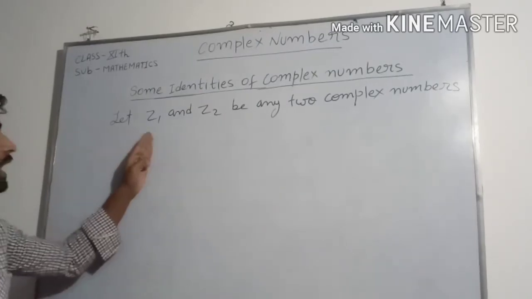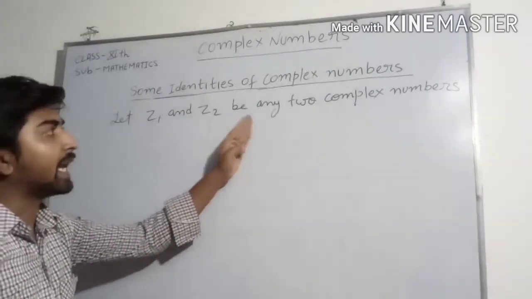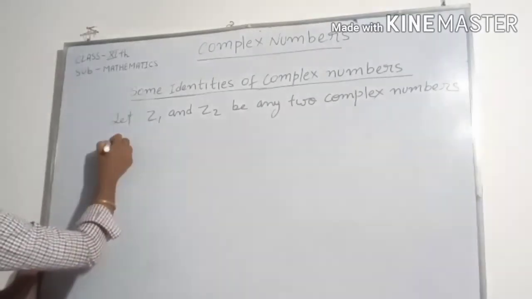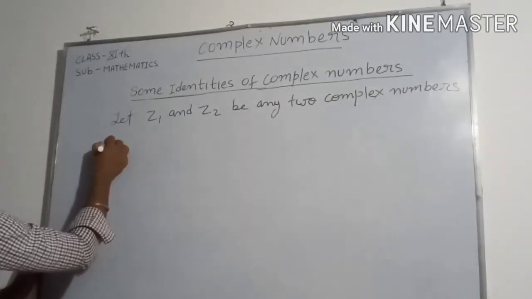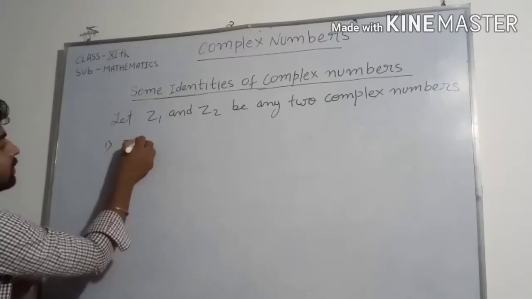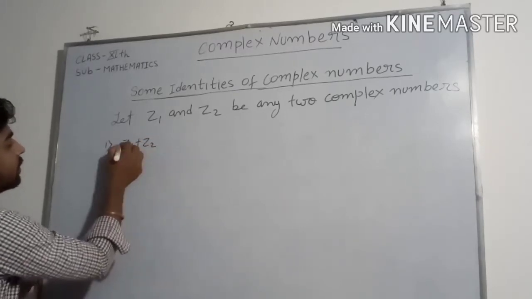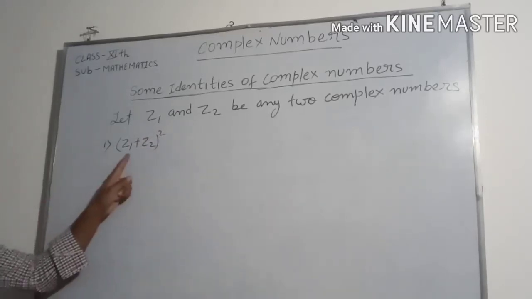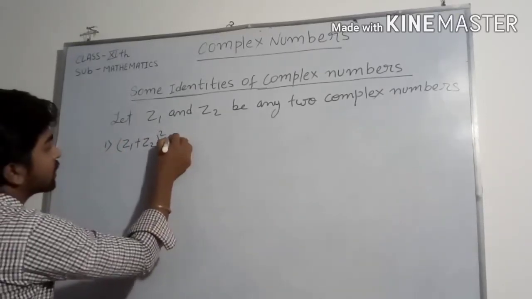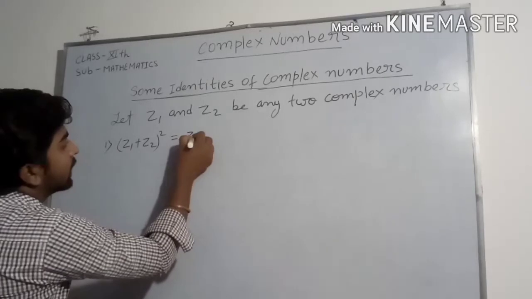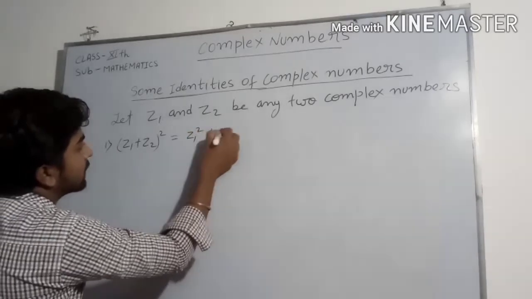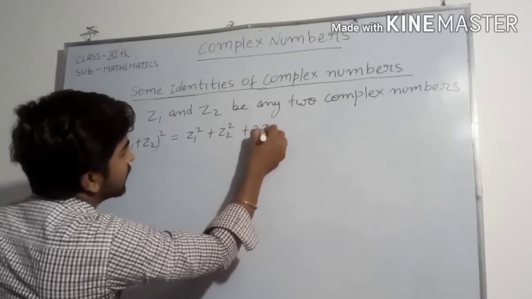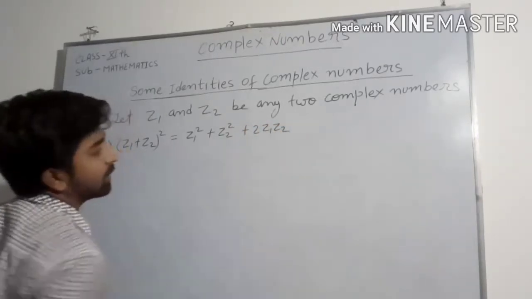Then, the first identity is whole square of Z1 plus Z2 equals square of Z1 plus square of Z2 plus 2 Z1 into Z2.